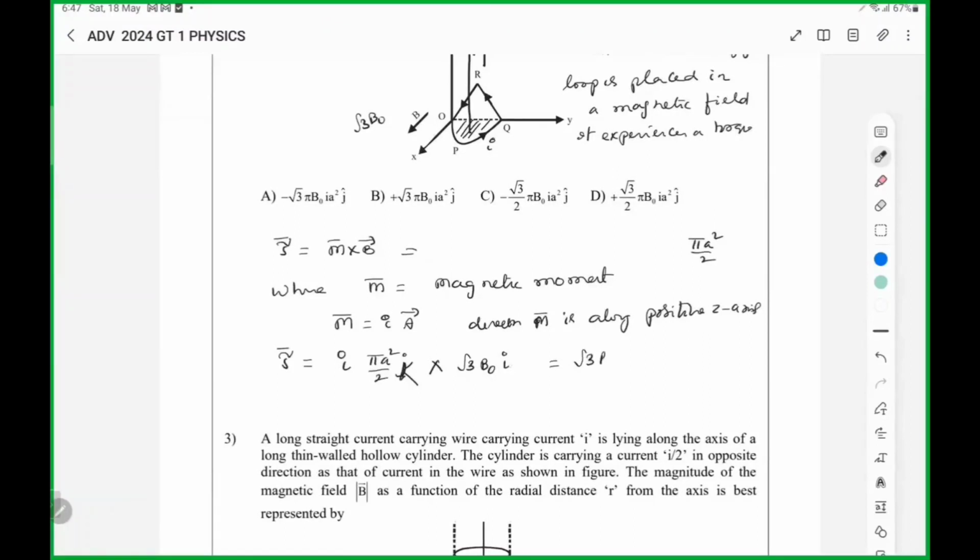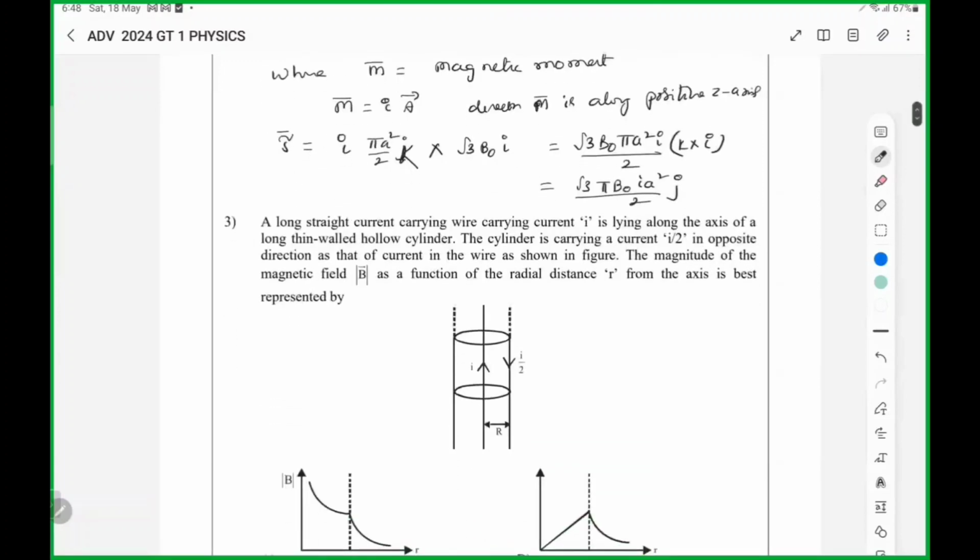So root 3 B naught pi a squared by 2 times I, and k cross i is nothing but j, giving root 3 pi B naught I a squared by 2 j. So fourth option is correct.